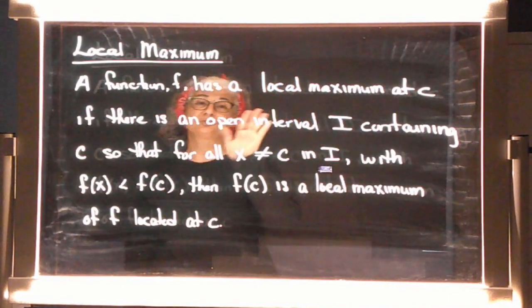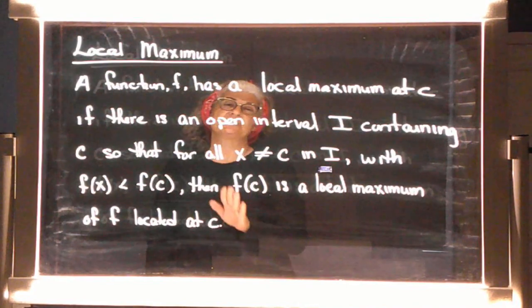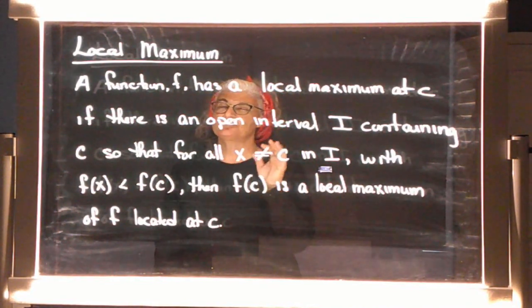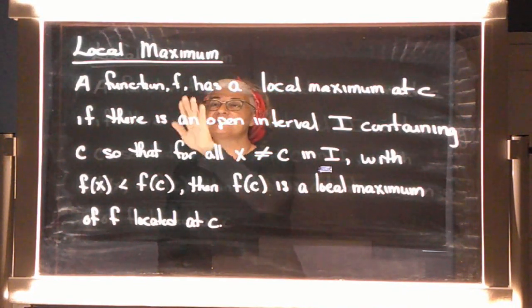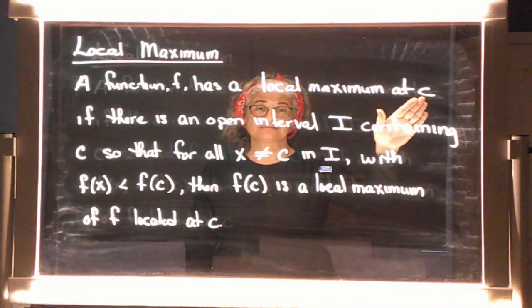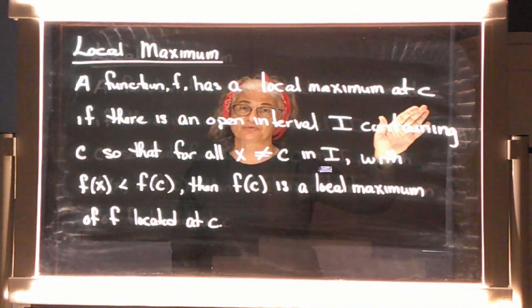Okay, so let's take a look at a definition called local maxima. I've already written it out, and I want to go over it a little more in depth. So we have a function f, and it says a function f has a local maximum at c. C is just some number. I don't know what the number is. It doesn't matter what the number is.